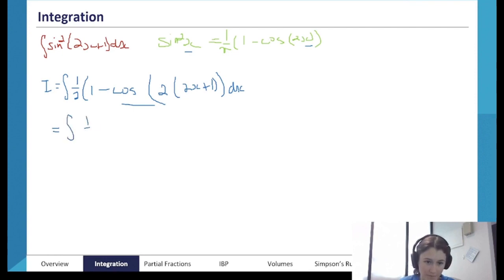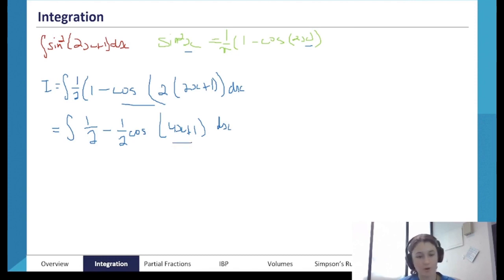So we're going to have the integral of a half, take a half cos outside of 4x plus 1, so just expanding those brackets. Now, everything's looking better so far, but the one thing that we don't want is this 4x plus 1 in the brackets. This also makes it harder for us.